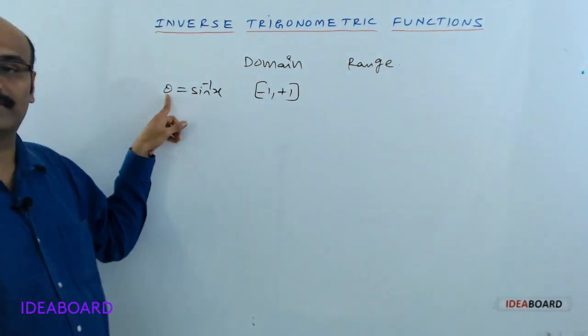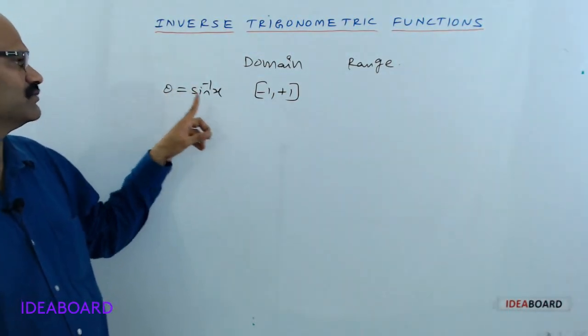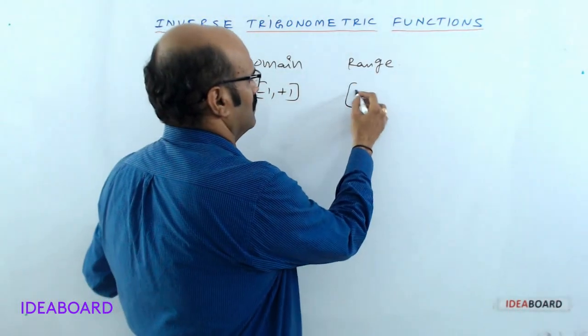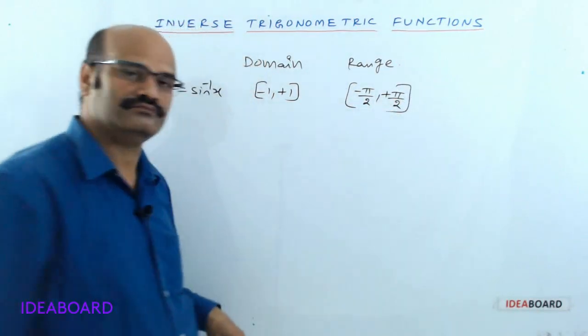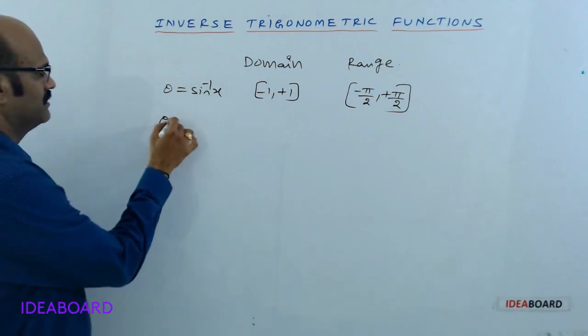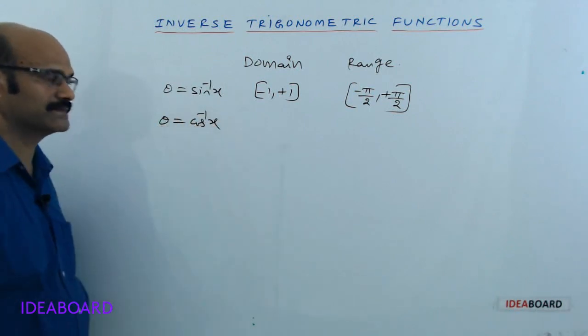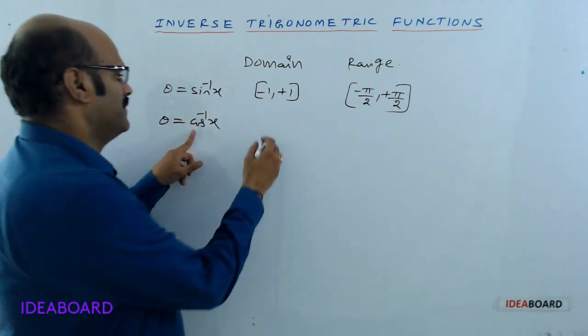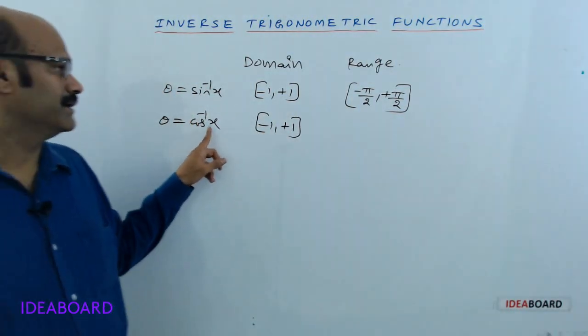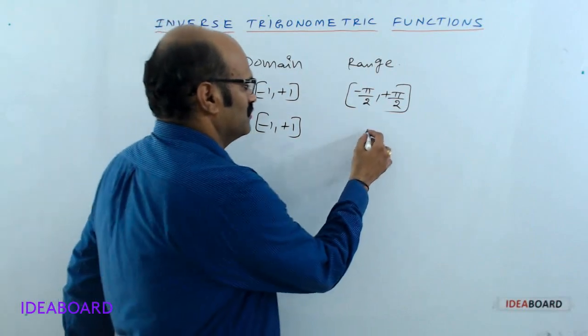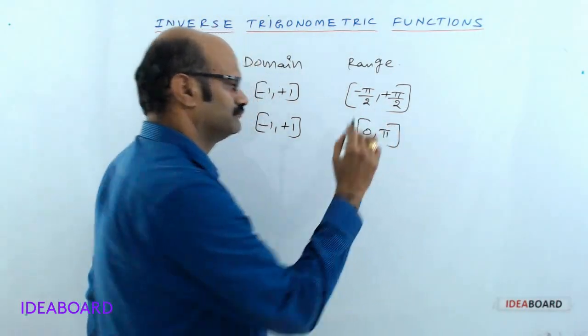Range means the values of theta here. So range equal to minus pi by 2 to plus pi by 2. Next, theta equal to cos inverse x. Domain minus 1 to plus 1 and range equal to 0 to pi.